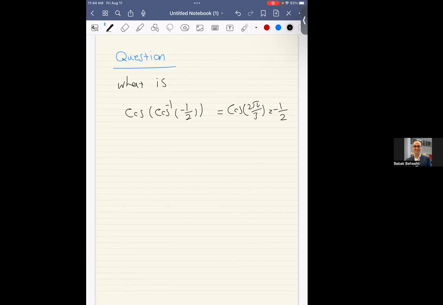Now, what if you have cos inverse of cosine of, let's say, 5π/4?